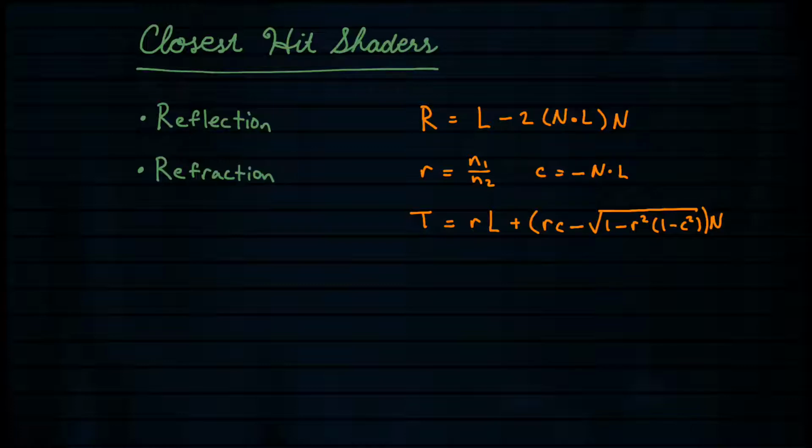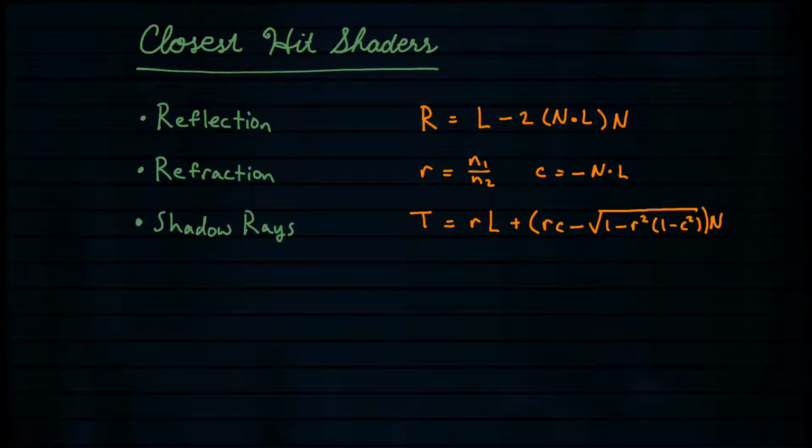And if you remember Snell's law, there's a sine involved in there, so because we can't calculate the sine directly, we simply take 1 minus cosine squared, which is a trig identity, and essentially we can use this to calculate how the light vector is bent towards the normal.